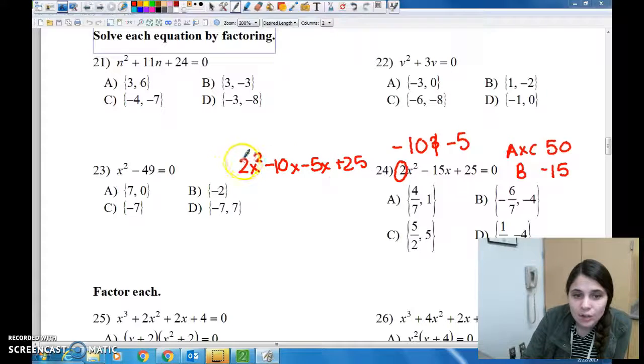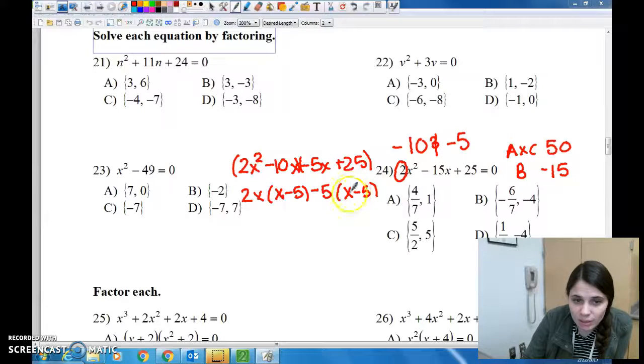And then over here, I'm going to group this side, group this side. Over here, I can factor out a 2x, and then I'm left with x minus 5. And I don't ever want my x to be negative, so on this side I'm going to factor out a negative 5, and then I'm left with x minus 5.